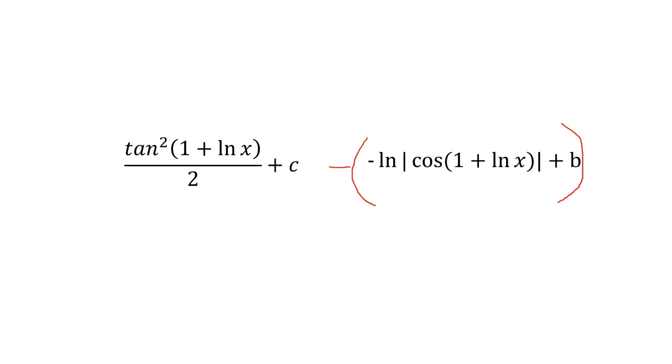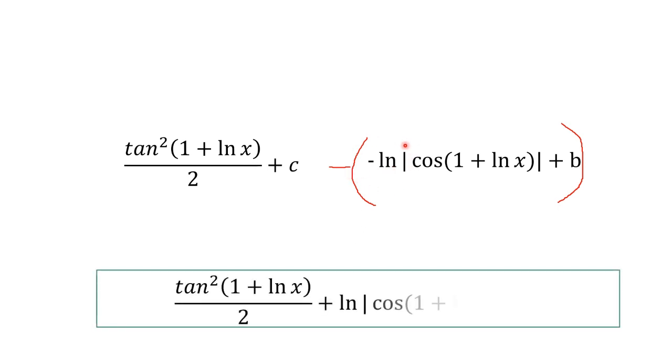When we combine, this minus makes the ln term positive. So finally we get tan square of 1 plus ln x divided by 2 plus ln of mod of cos of 1 plus ln x plus k. And what is this k? Simply c minus b, and I've named it a different letter, k. So this is our final answer.